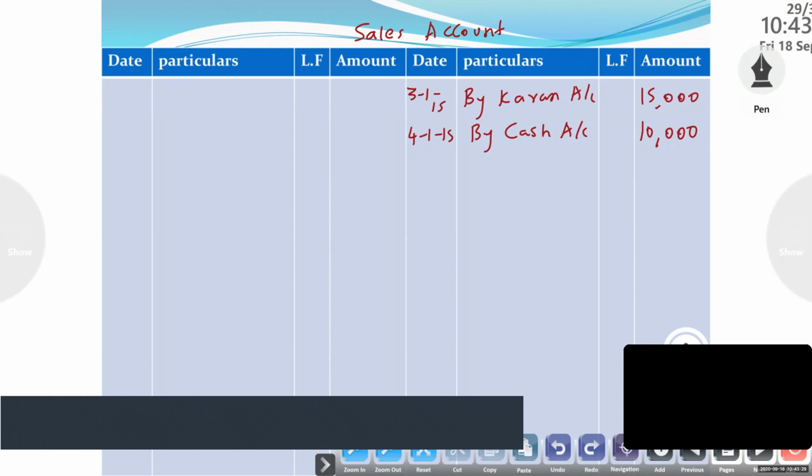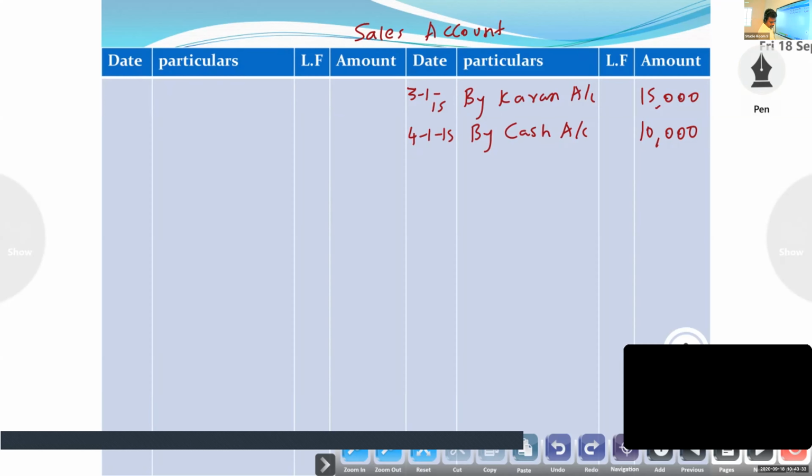So is sale debit or credit in that entry? Sir, credit. So on the credit side, what do I write? The opposite aspect. Sir, by Hina's account. Yes, by Hina's account. Now you understood, Atul? Yes, sir. So 5,000, goods sold to Hina.